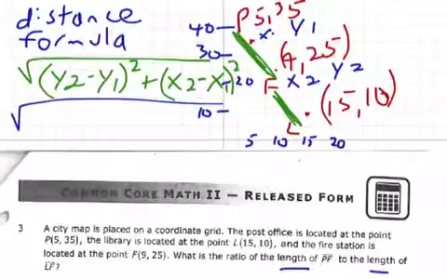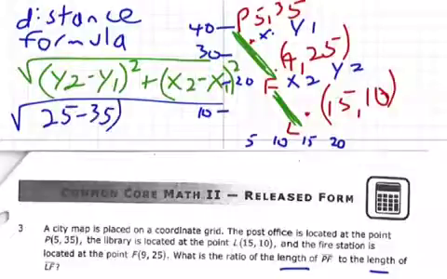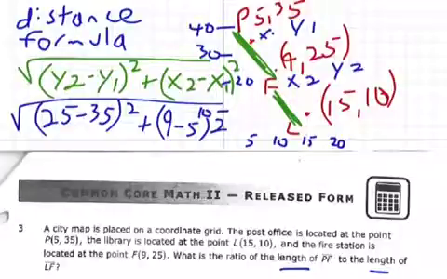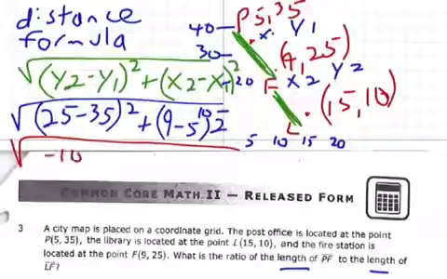So plug it in. It's going to be 25 minus 35, and then squared, plus x2 minus x1 would be 9 minus 5, squared. And that's going to give me negative 10 squared.